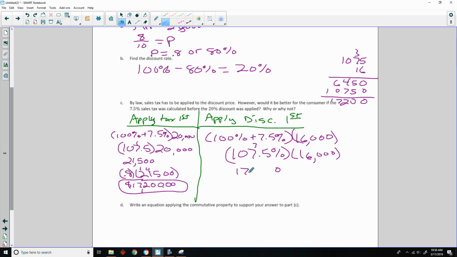So it's going to be $17,200. Okay, so since these two prices are equal, it doesn't matter if you apply the tax first or second. If you discount the taxed price, or discount and then tax, it comes out the same.